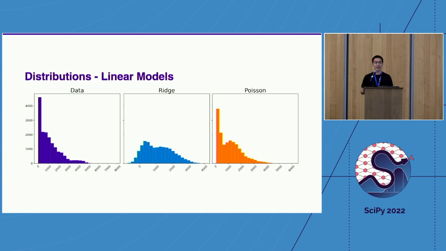On the left-hand side is the data itself, and you can see it's distributed like so. In the middle is ridge, which is the predictions from the ridge model. And on the right is Poisson. You can see that ridge doesn't actually reproduce the target distribution. It's very normal-like. And Poisson better represents it.